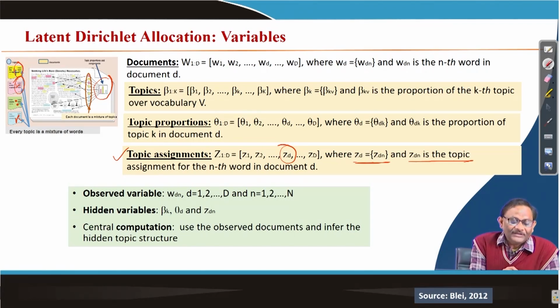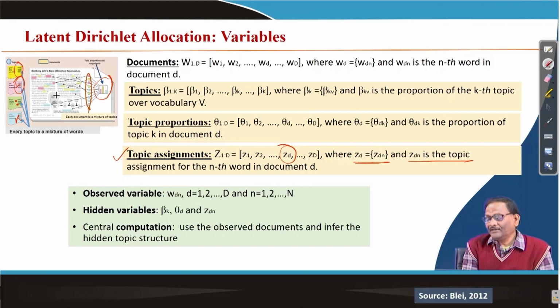And within this topic there are several words. So Z D N is talking about, within the document D, whether the nth word is assigned to this topic or not. That is the variable, the assignment of the nth word in document D, that is what Z D N is.